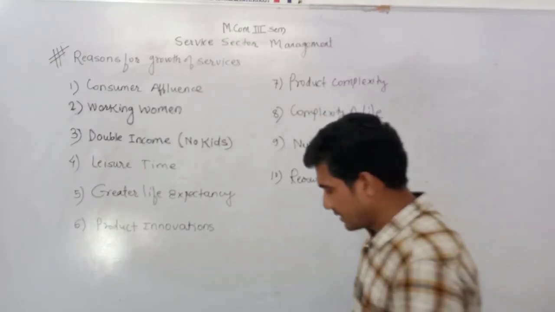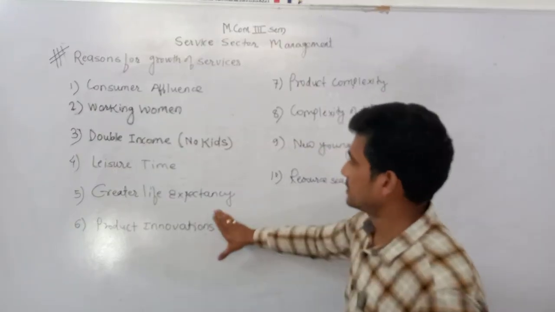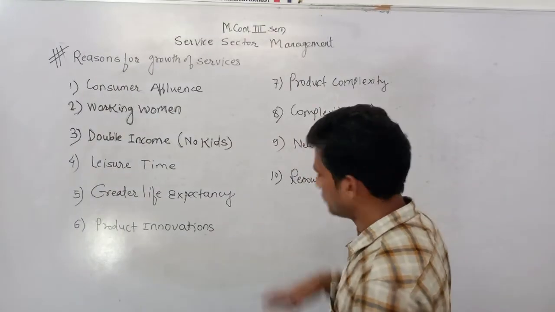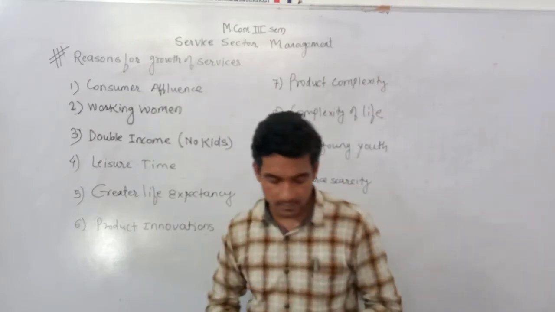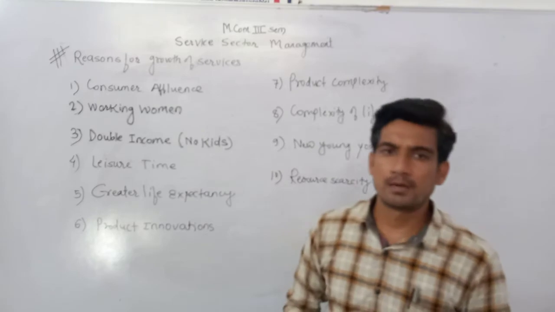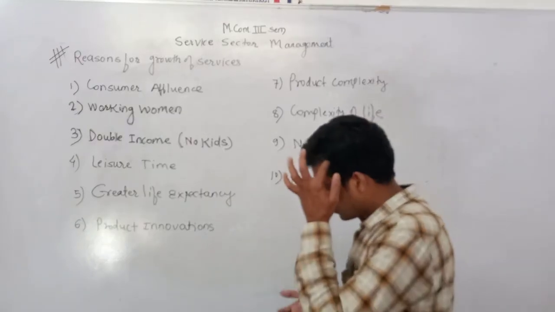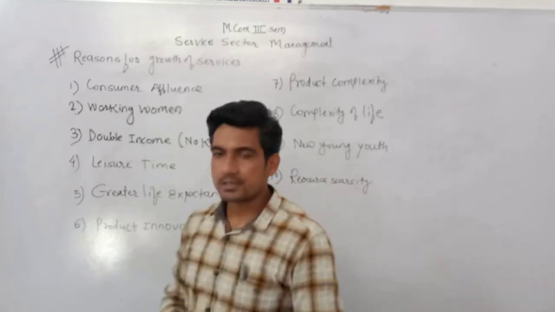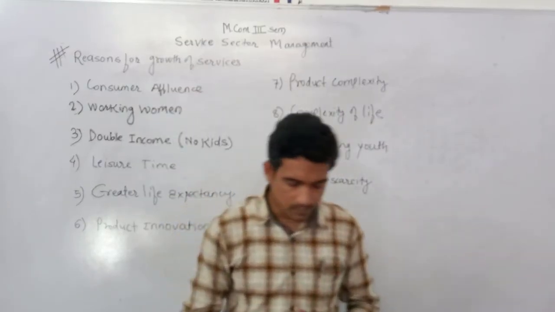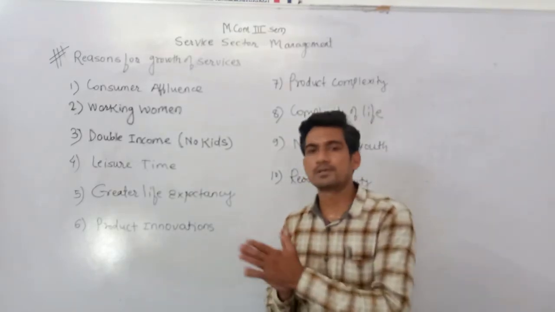Then the next reason is complexity of life. We are seeing that there is a greater life expectancy, and due to a lot of reasons, it can be competition, it can be unemployment, it can be health issues, it can be different social reasons, there is a complexity of life. So when there is a complexity of life, there is a common tendency of people or an individual that he wants to live a life in a very simple manner.